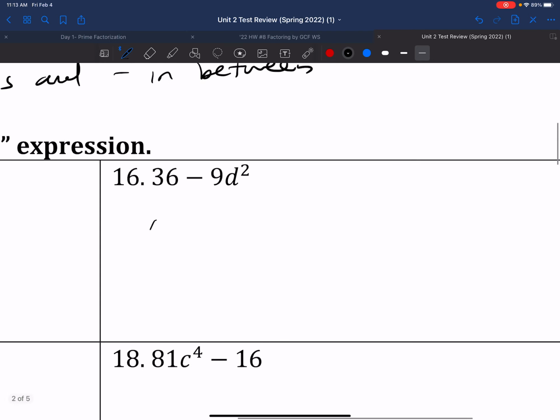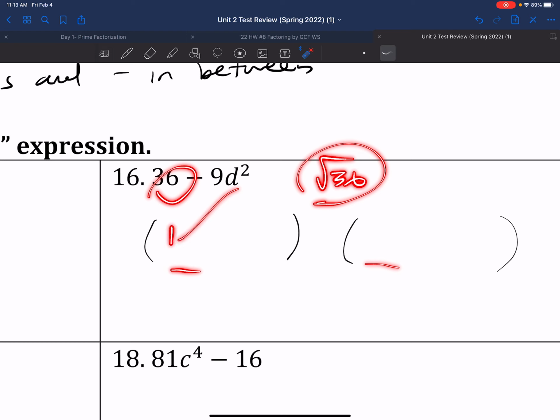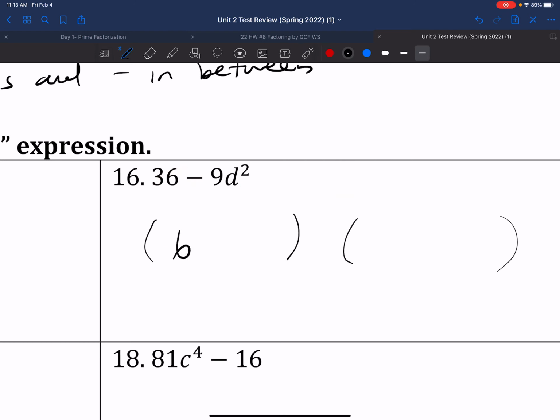Number 16, again. Something times something is going to give me 36. Take the square root of 36. That is just going to be 6, right? So put a 6 here. Minus. And then what times what will give me 9? If I take the square root of 9, that's just going to be 3.